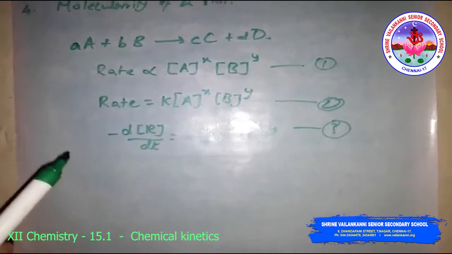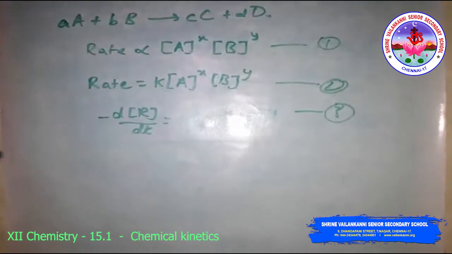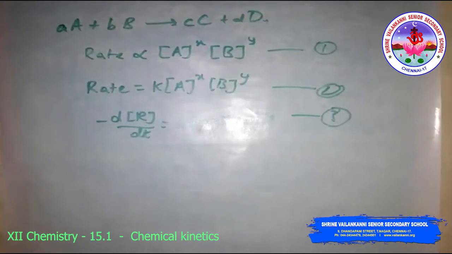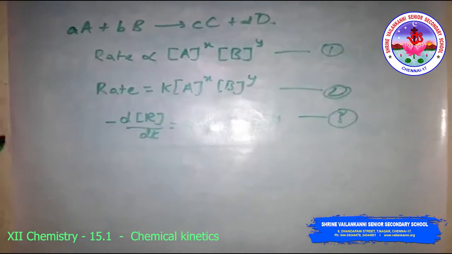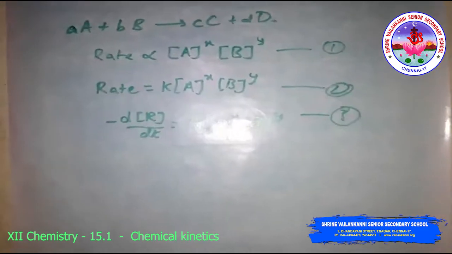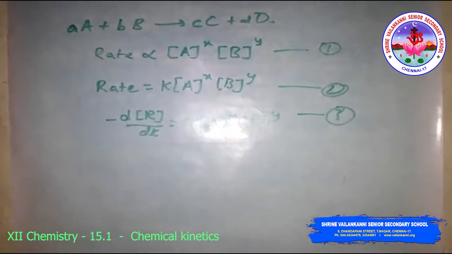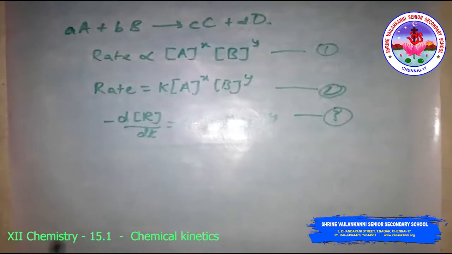Usually the rate law is the expression in which the reaction rate is given in terms of the molar concentration of the reactants with each term raised to some power, which may or may not be the same as the stoichiometric coefficient of the reacting species in the balanced chemical equation.